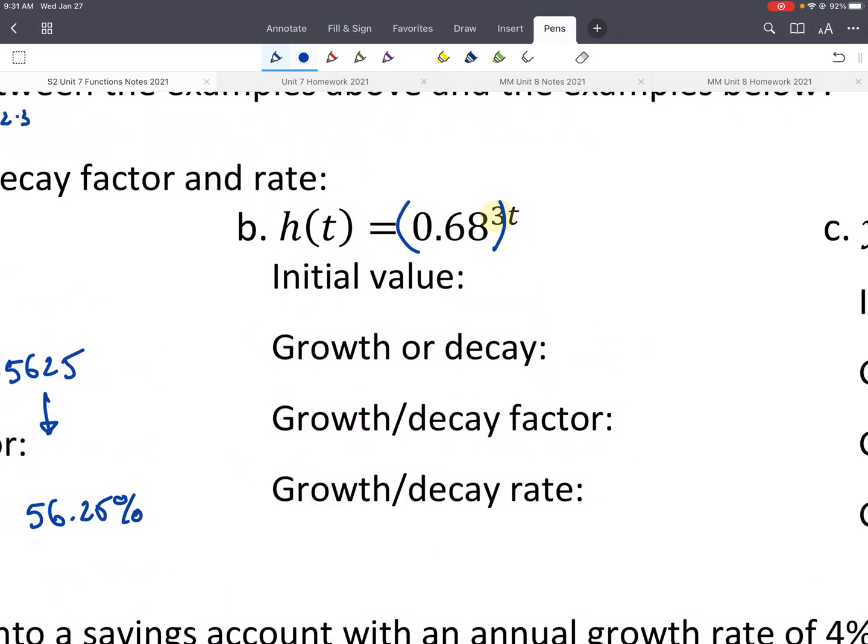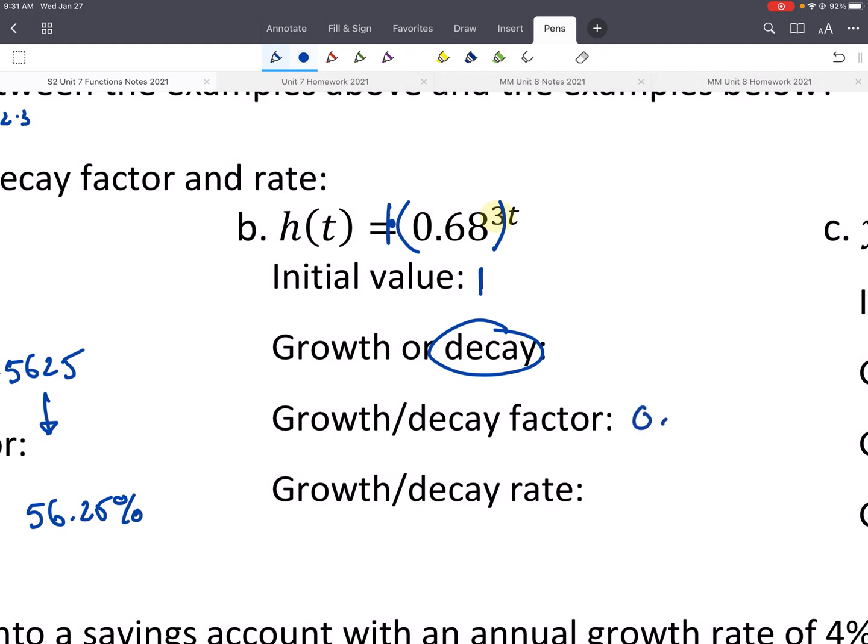So this one, initial value again is 1. If we don't see it, it's going to just be a 1. We're going to have decay because it's less than 1. And then we need to evaluate. So 0.68 to the third. And that gives us a big decimal. I'm just going to actually round to the tenths or hundredths place.